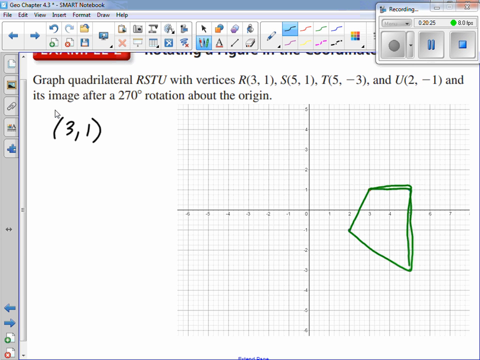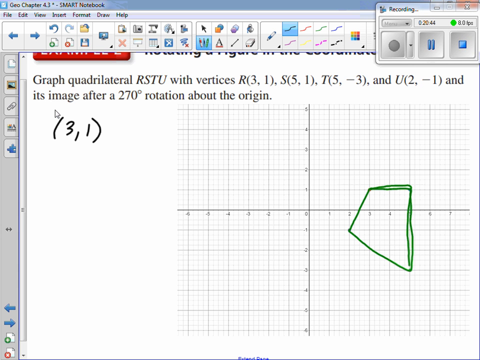We're over once, twice, 3 times, because now we're at negative 3, 1, right there, yes? We're over 3, down 1.